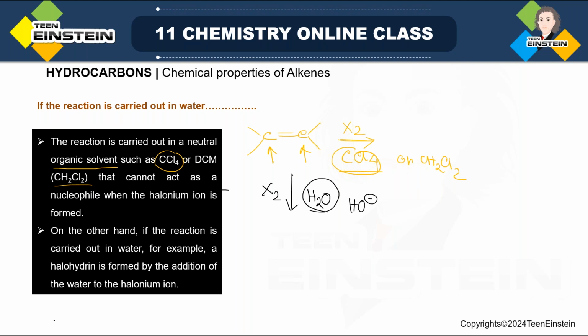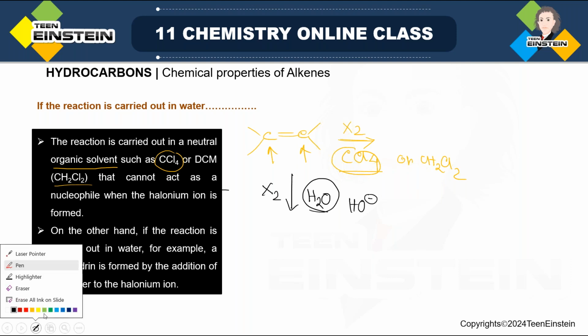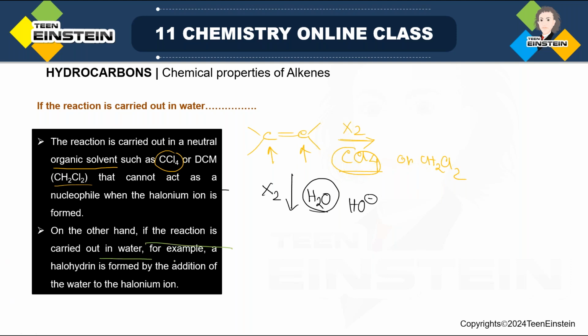But if by mistake the reaction is carried out in water, halohydrin is formed by the addition of water to the halonium ion. In this case, there is net addition of X from the halogen, obviously, and OH is added from water. This type of compound is called halohydrin. It is not a halogenation reaction; it is a different compound we are getting, halohydrin.